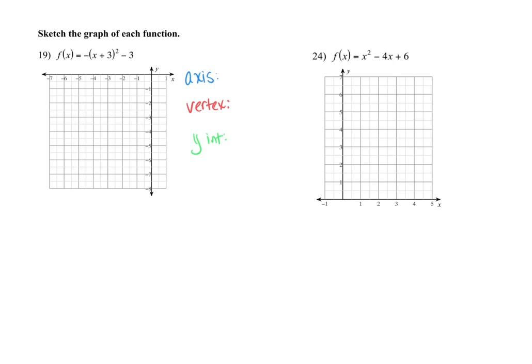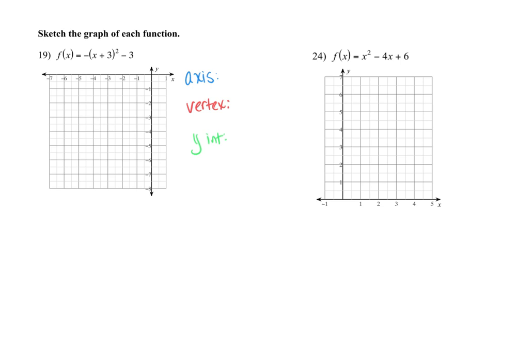All right? So I'm going to ask for all 3 of those as well as the sketching of the graph, okay? And I need to see all of those on the graph if they're on the graph. So this particular one, the y-intercept falls off this graph. I usually try to make sure on your quizzes that the y-intercept is on the graph.